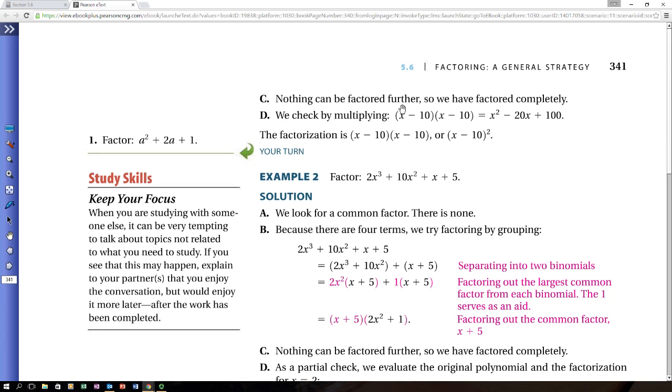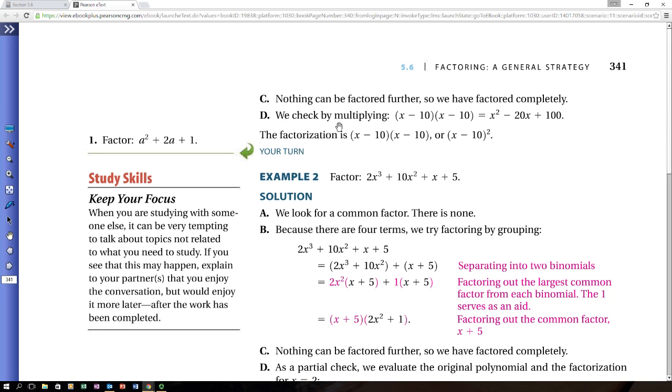Then the other part of the strategy is we make sure that we factor completely. So if I look at my factored thing here, I got x minus 10 and x minus 10. Can I factor x minus 10 any further? And the answer is no in this case.